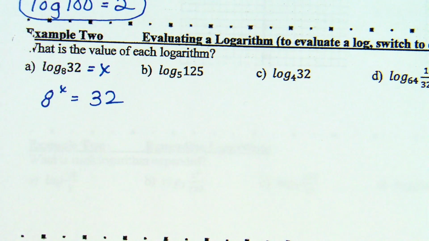Here's what I need you guys thinking. I'll start you here and see if you guys can figure anything out. 8 and 32. Can we rewrite 8 and 32 so that they have the same base? Can they be rewritten with powers so that they have the same base?